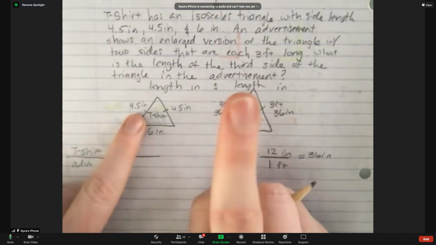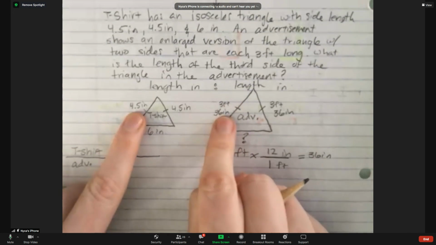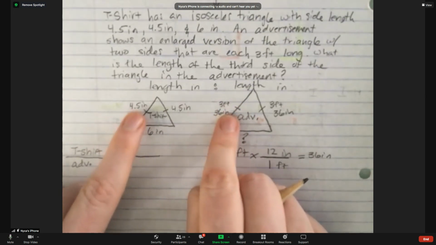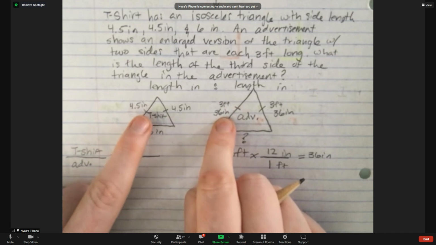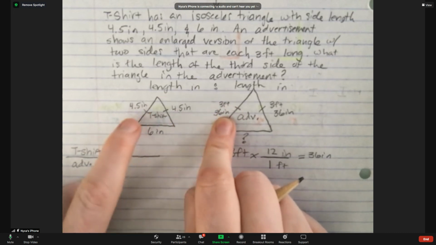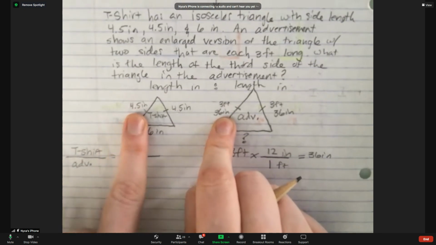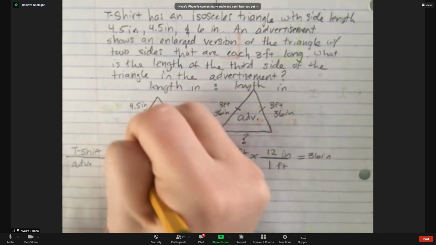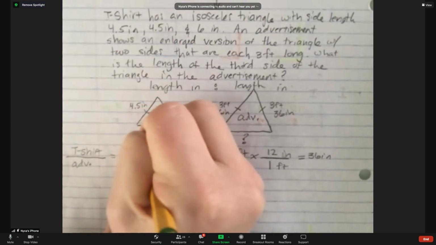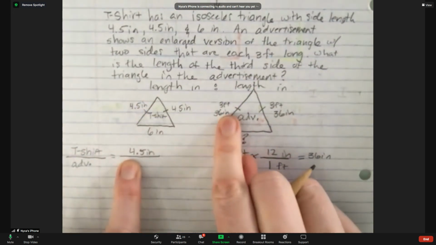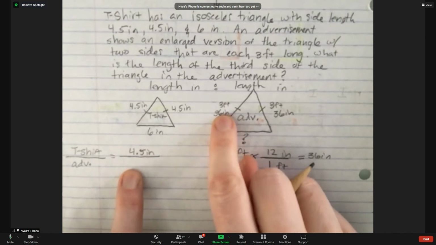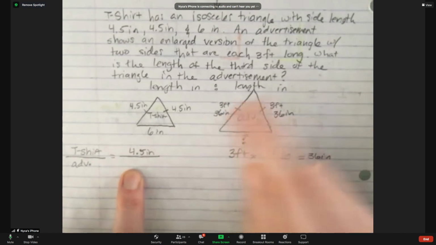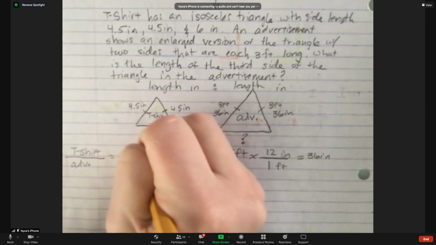I'm sorry, 36 inches instead of the 3 feet, but I'm going to look at the 3 feet side, and I'm going to correspond that with the 4.5 inches. Okay, so for the t-shirt, this is 4.5 inches. For the advertisement, you want to make sure you put the inches measurement there. So this is going to be 36 inches.